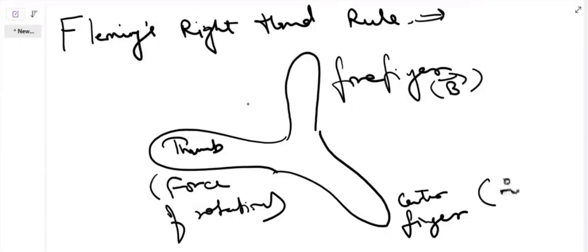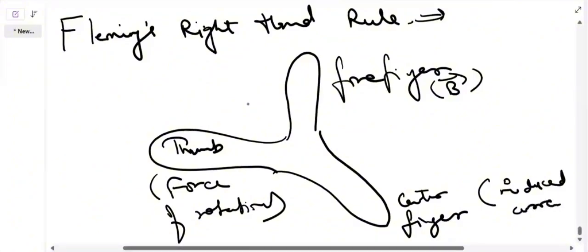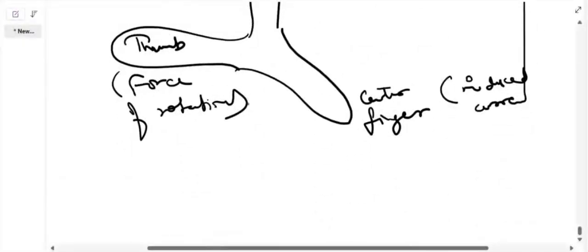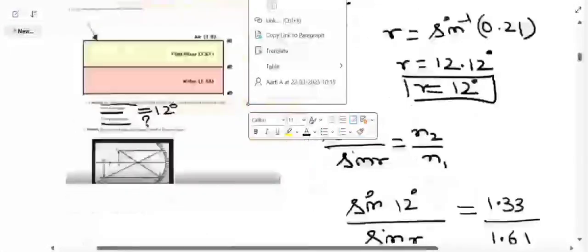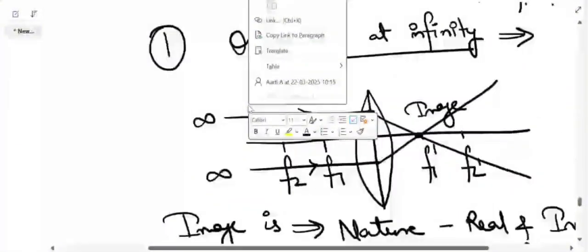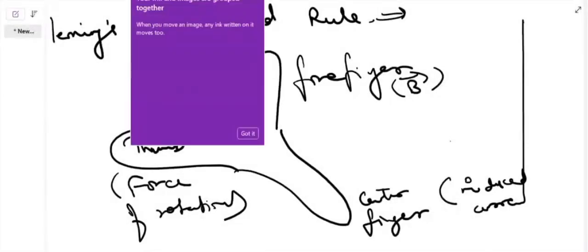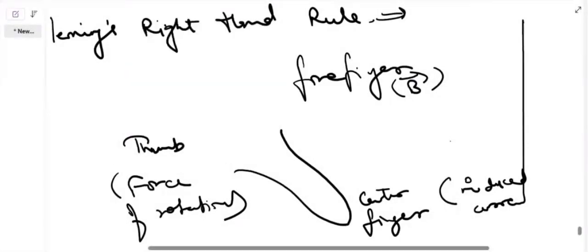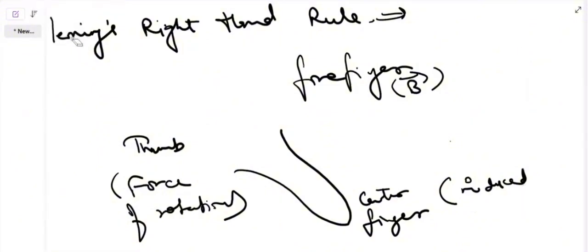Then the center finger gives the direction of induced current or induced EMF.